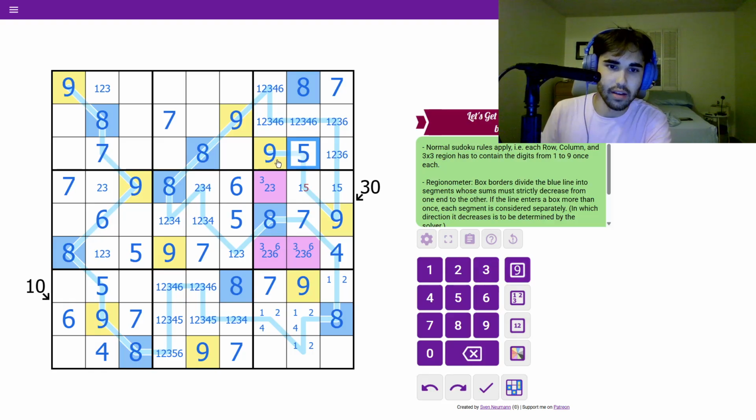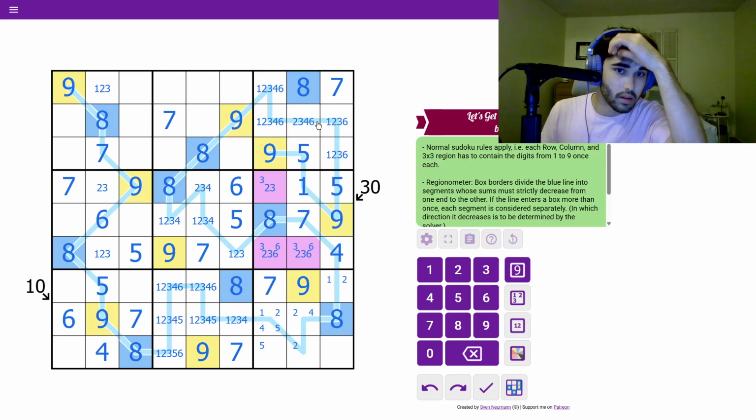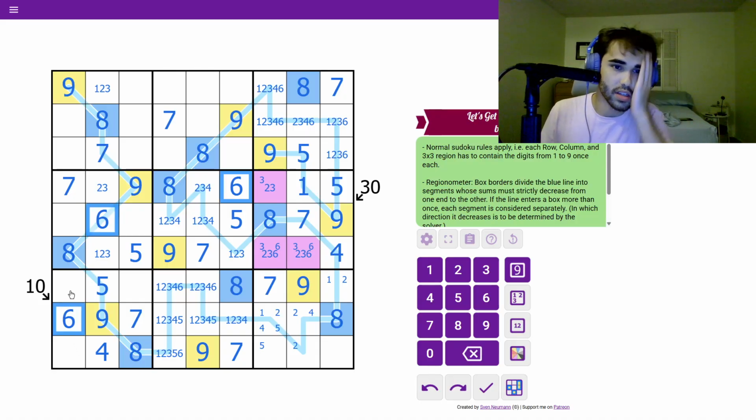So this is a 5, which means that's a 5. 5's in one of these two. That's a 1. It's a 1. Cannot go in one of those two. That can't be 1. How are 6s doing?